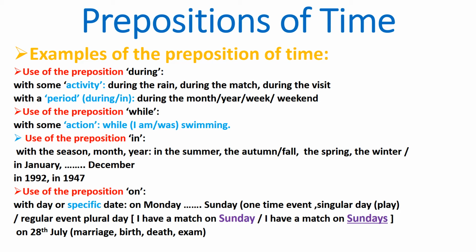And when we are talking about an event that is taking place regularly on that day, how do we use the name of the day? Like if you say I have a match on Sunday, this match is taking place only one time in a week. You don't play every Sunday, but only this Sunday you are going to play a match. Then you will say I have a match on Sunday.